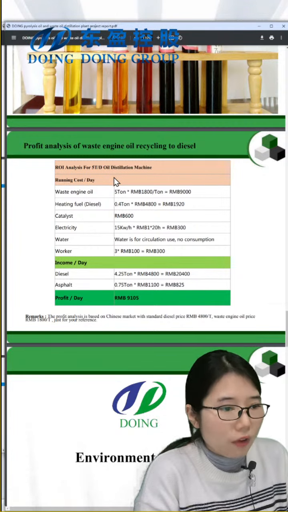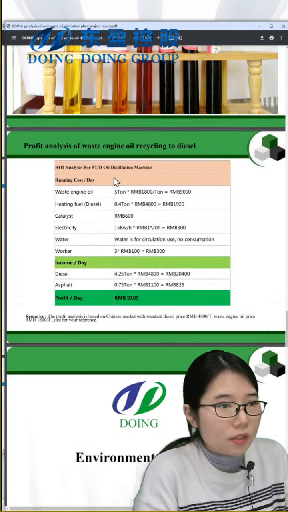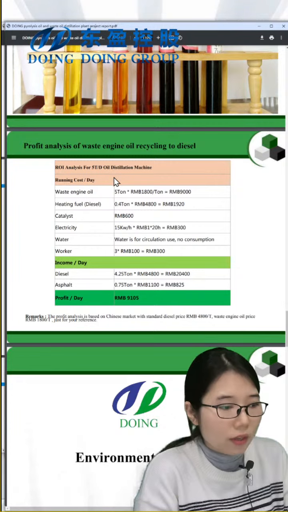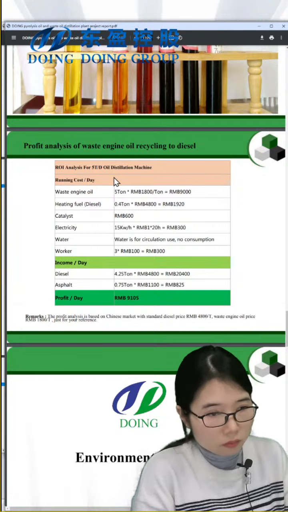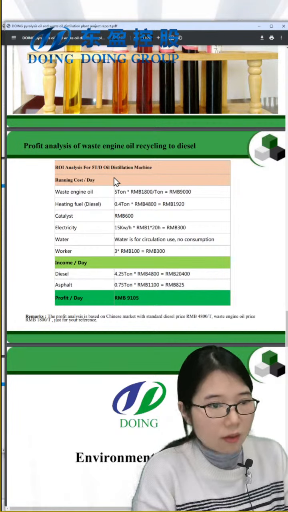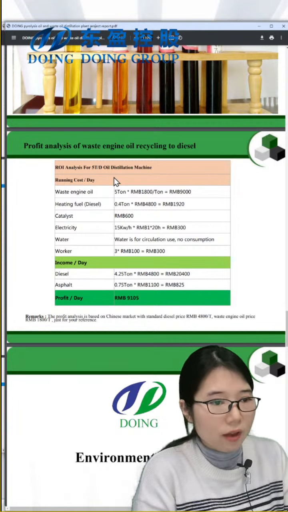Finally, you will get 85% diesel, which is about 4.25 tons, worth 20,400 Chinese yuan. And asphalt will get 825 Chinese yuan.